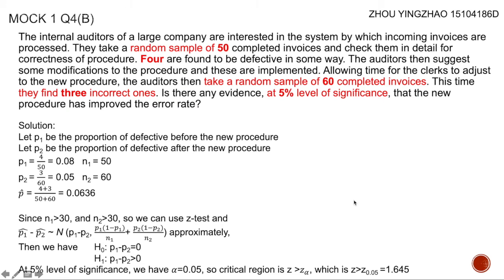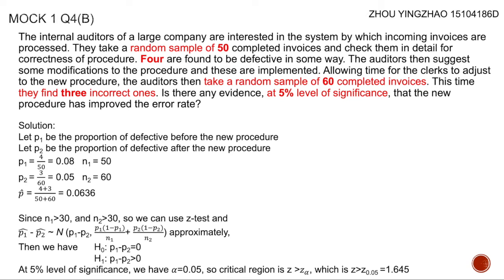This is Zhou Yingzhou, and we will do the Mock 1 question 4B. The question says that the internal auditors of a large company are interested in the system by which incoming invoices are processed. They take a random sample of 50 completed invoices and check them in detail for correctness of procedure for a fund to be defective in some ways.